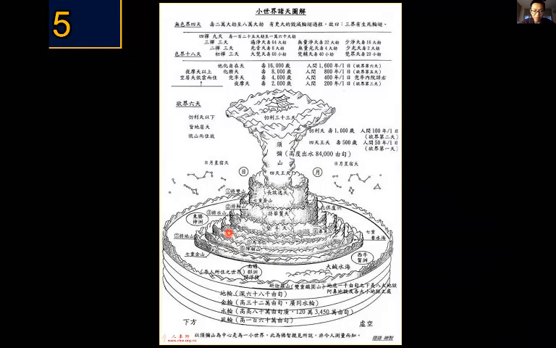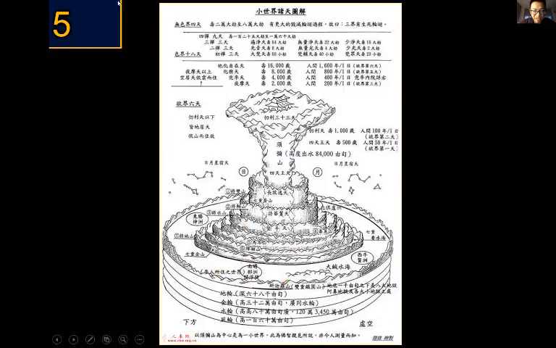The Milky Way has these shapes that look very much like this, circular, in layers. Picture a galaxy, with its arms, layers and layers, and in the middle is this very bright black hole, which kind of represents Mount Sumeru. And our Earth is on this side of the arm.